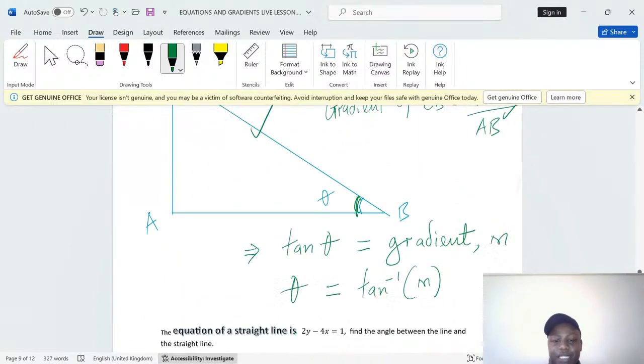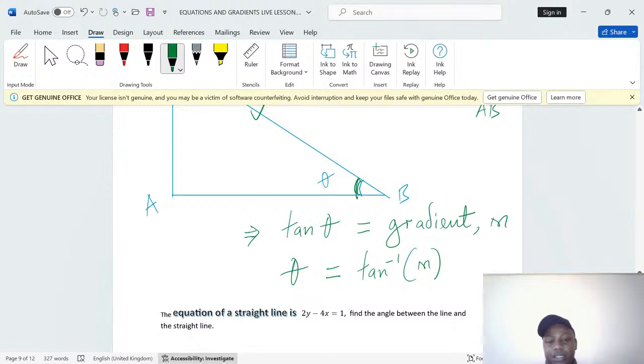This simply means if the tangent of an angle is also equivalent to the gradient, then for us to obtain the angle made by a certain equation and the x-axis, we need to take the gradient and obtain its tan inverse, because the value of the gradient is also the value of the tangent of the angle made by the x-axis and a certain straight line.